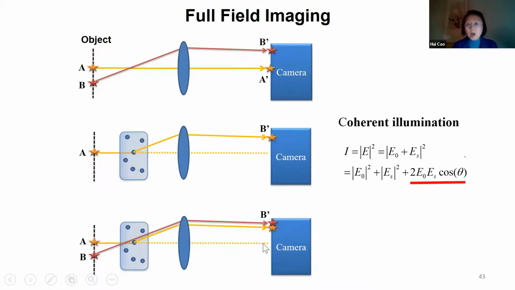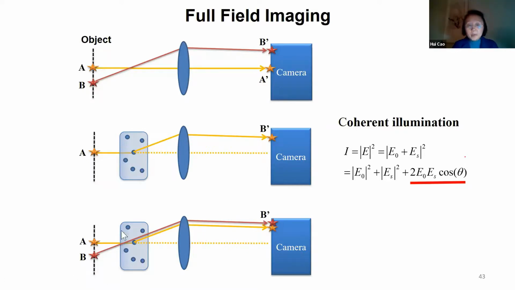So now the question is, how do we add the light coming from A and B? If the light illuminating A and B is coherent with each other, we have to add the fields from these two points. When we add the fields, then we have intensity, which is the field squared. We have an interference term. That interference term depends on the relative phase between these two fields. That will generate this kind of noise, this kind of speckle.